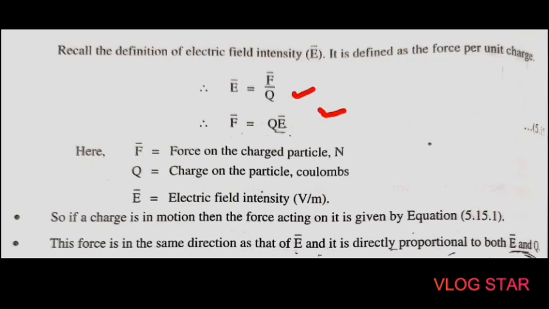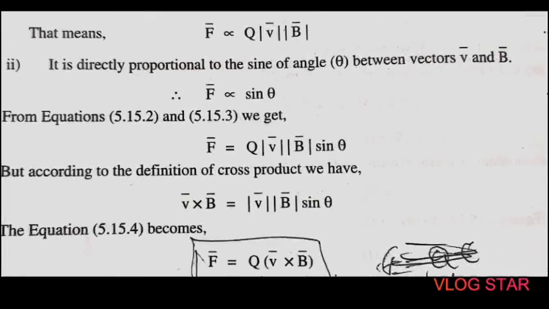Now consider that a charged particle is moving in a magnetic field having the flux density B, and it is experimentally found that the force acting on such a charged particle is directly proportional to the following factors. First, it is directly proportional to the product of magnitude of charge, its velocity V bar, and flux density B bar.